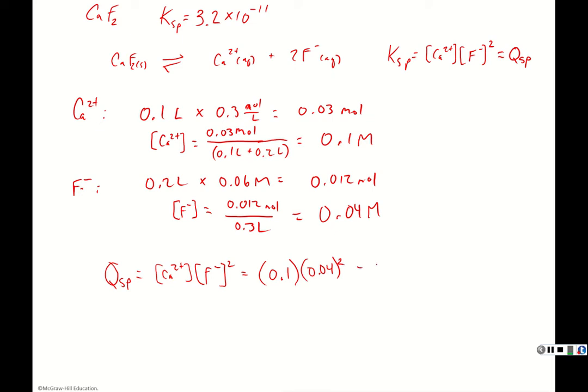So when you do that multiplication, you should get 1.6 times 10 to the minus 4. And again, order of operations matters here, so just be aware of that. You need to square the 0.04 and then multiply it by 0.1, and not multiply 0.1 by 0.04 and then square it.